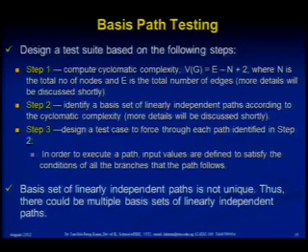We identify a basis set of linearly independent paths. The term comes from linear algebra. For those of you who studied linear algebra before, this term comes from there. So we identify a basis set of linearly independent paths from the control flow graph, the CFG.